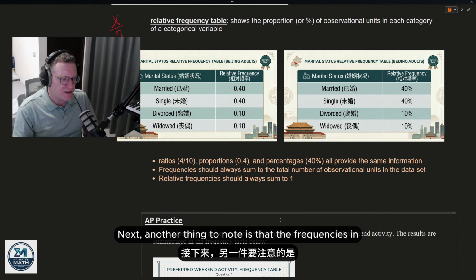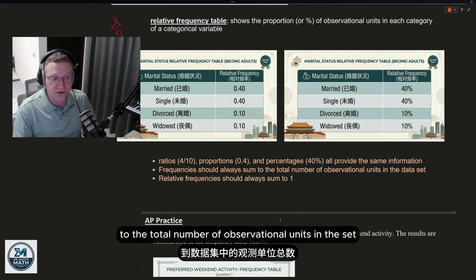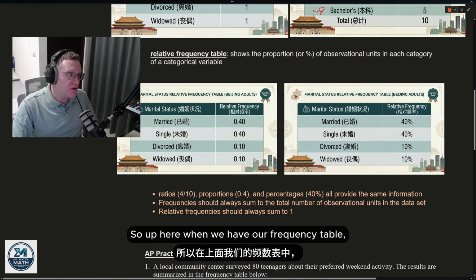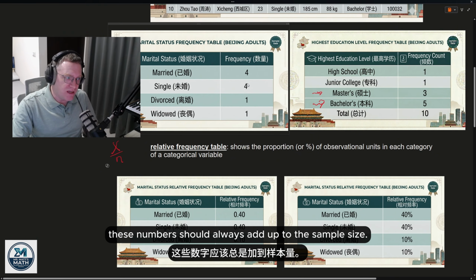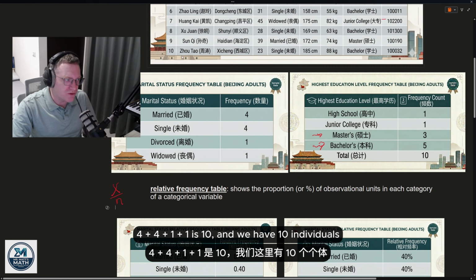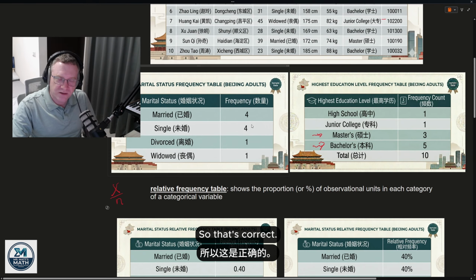Next, another thing to note is that the frequencies in a frequency table should always add up to the total number of observational units in the set, or the sample size, n. So up here, in our frequency table, these numbers should add up to the sample size. 4 plus 4 plus 1 plus 1 is 10, and we have 10 observational units in our sample, so that's correct.